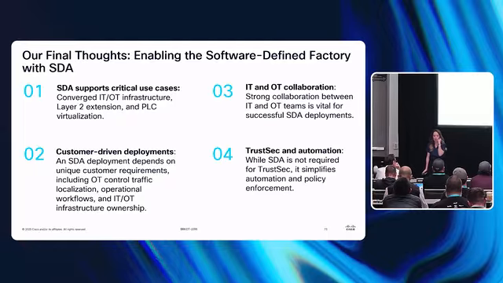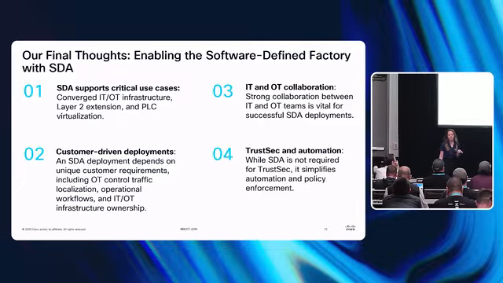The second one is, actually, I have it in opposite order. But anyway, SDA allows you to have converged networks if you want, because it gives simplified macro segmentation. This is the main driver I see every time customers approach me about SD Access, because most times they are going through this, so that's why I wanted to highlight it here.